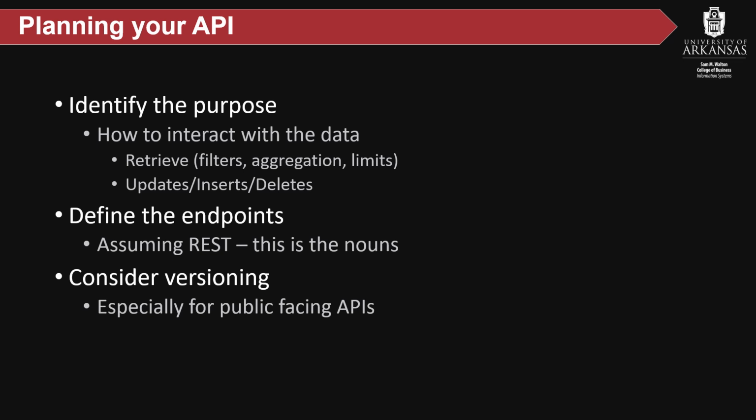Point 2, define the endpoints. And the endpoints are the specific functions or methods that your API is going to expose. You can think of them as different sections on a menu, like appetizers, mains, and desserts. Each endpoint should have a clear and specific role. And when you think about the endpoints, from a REST perspective, this is really the nouns.